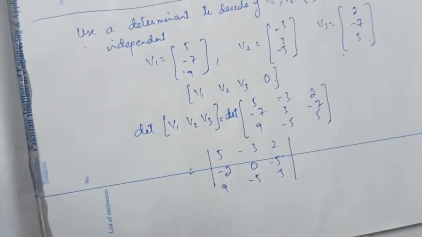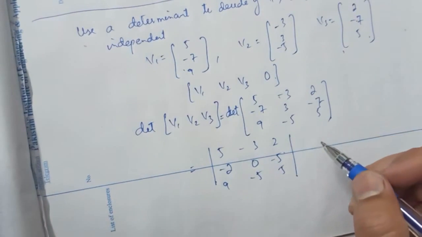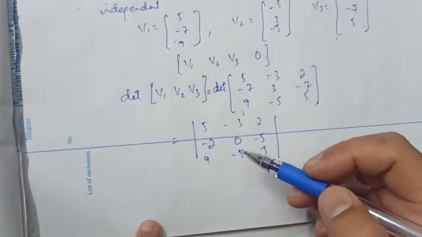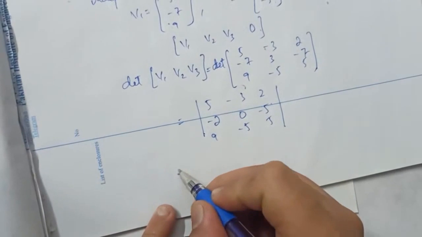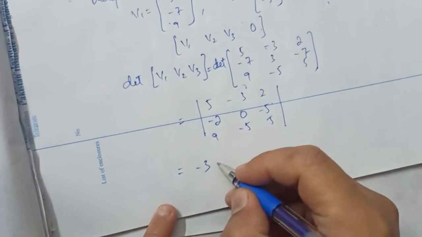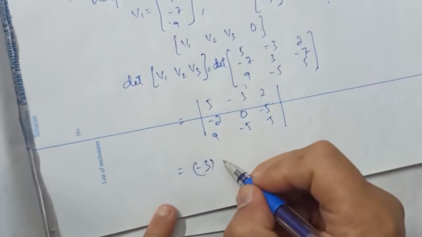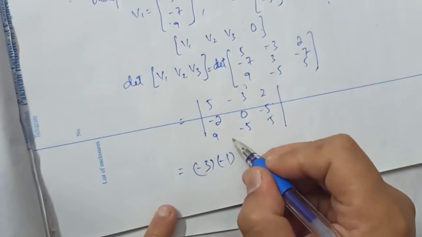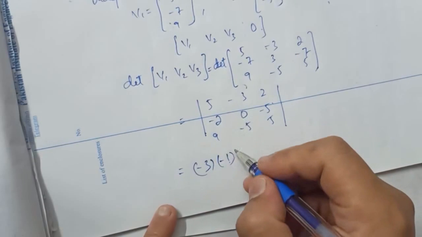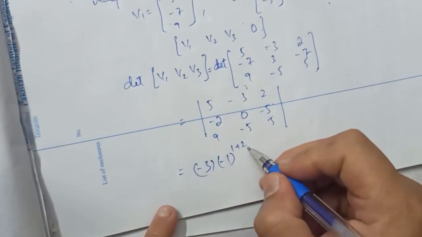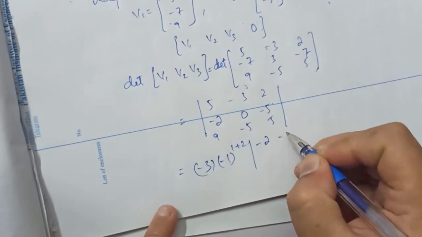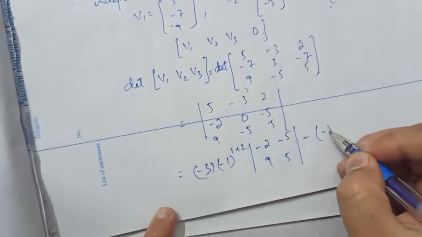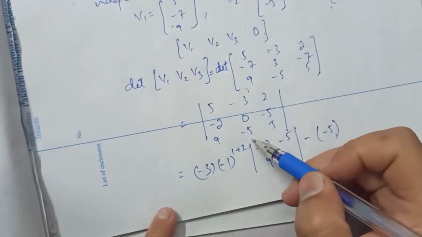Now I can do the expansion across this row, and that becomes a cofactor expansion: minus 3 times, again this is minus 3 because of minus 1 to the power 1 plus 2, and again you have minus 2, minus 5, 9 and 5, and you have minus 5 again coming from here.